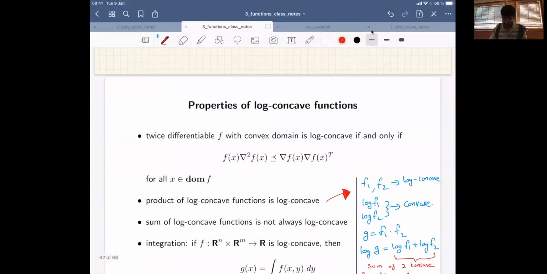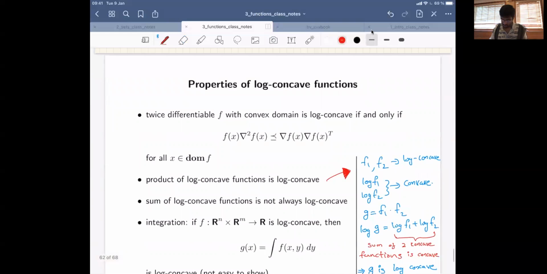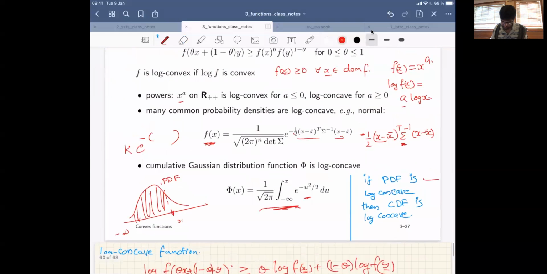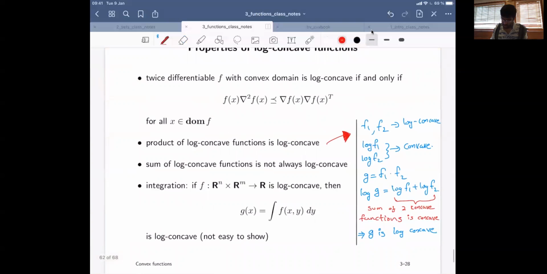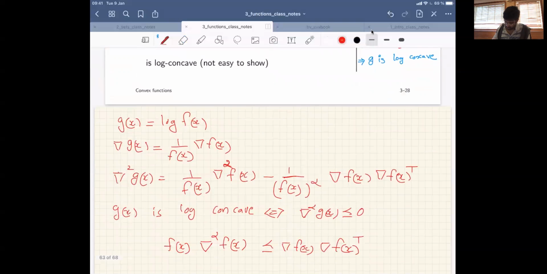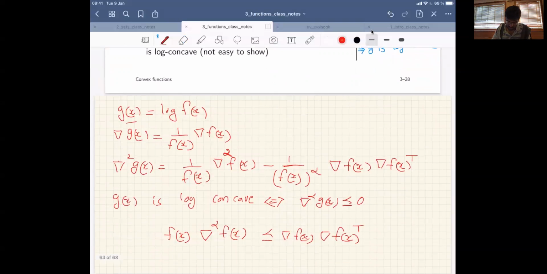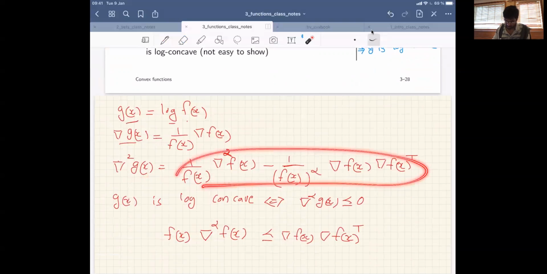So some properties of log concave functions. One is, if the function is twice differentiable, we have this expression here. So how do you prove that? Let's consider a function g of x, which is log of f of x. Now I am taking the derivative here. You will get this Hessian here. Now what I'm saying is this is log concave.